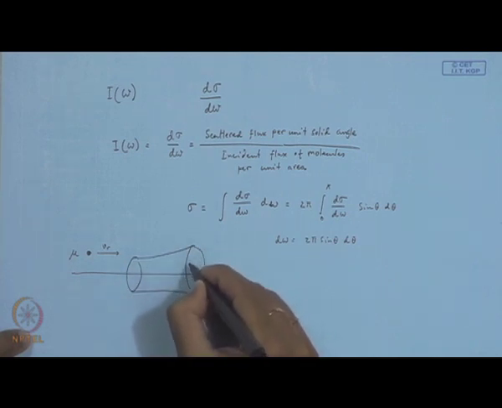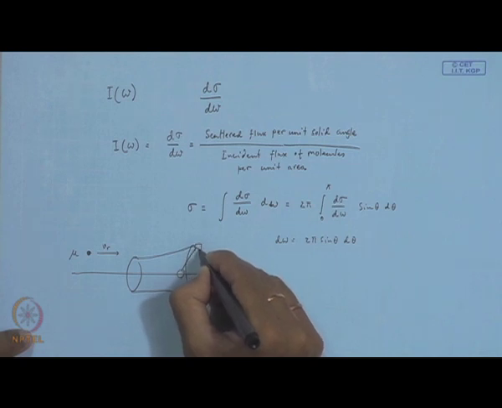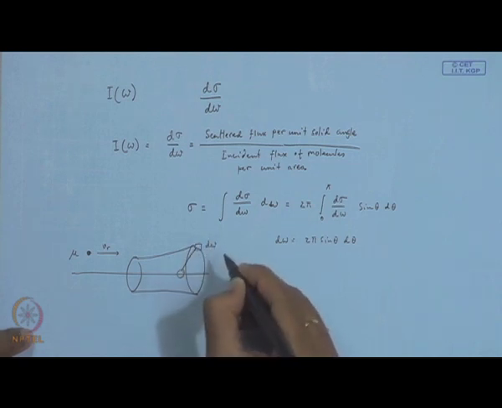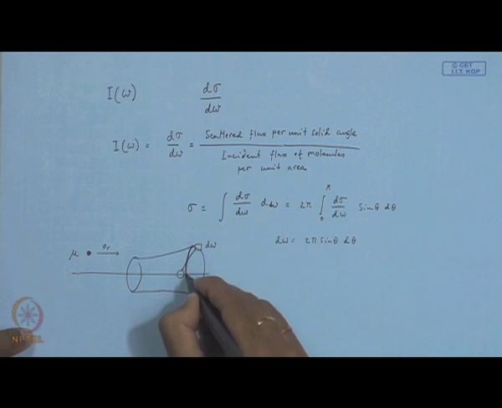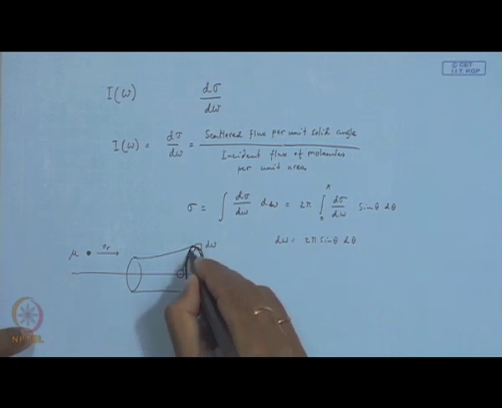This is your d omega, and this area I am making a strip-like thing.